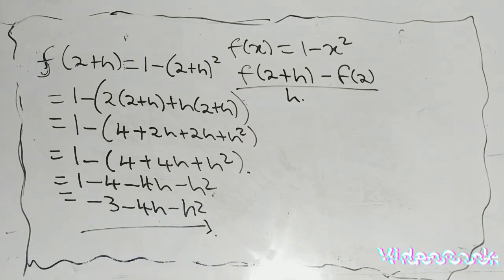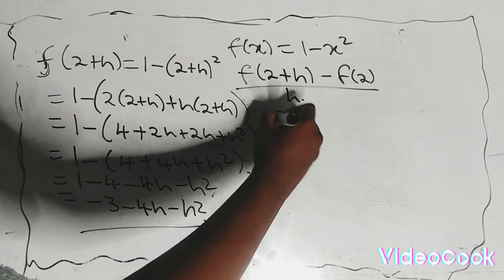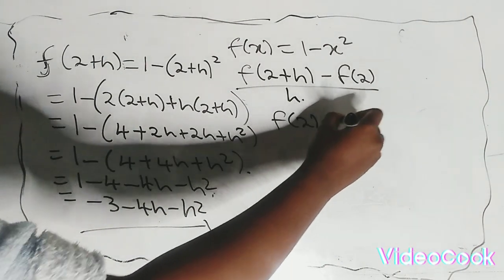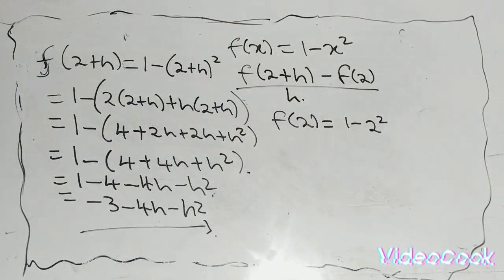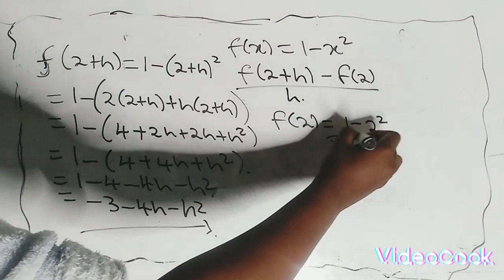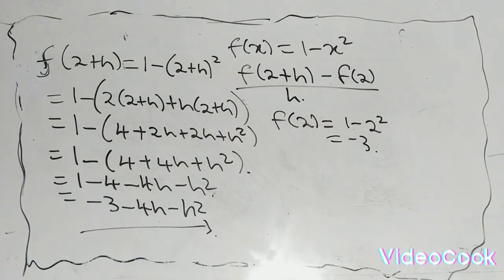That's the first part, f of 2 plus h. But what about f of 2? f of 2 is straightforward. It's just 1 minus 2 to the power 2, in place of x I'm writing a 2. 2 to the power 2 is 4, so 1 minus 4 is just negative 3.